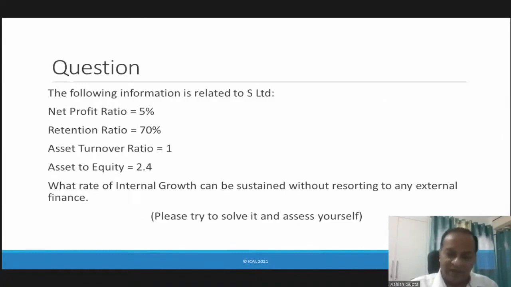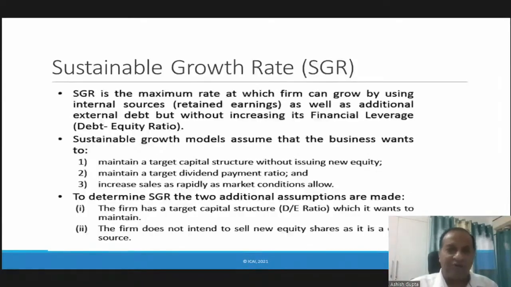So I hope the internal growth rate is now clear to you. Now I am coming to the sustainable growth rate. Please read this slide carefully, then I will discuss it with you.